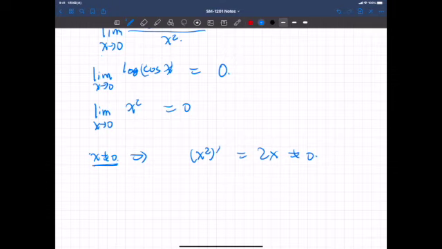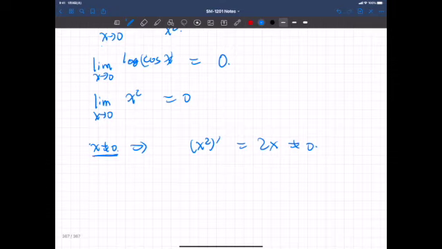So the second condition is okay. And the third condition, the limit.